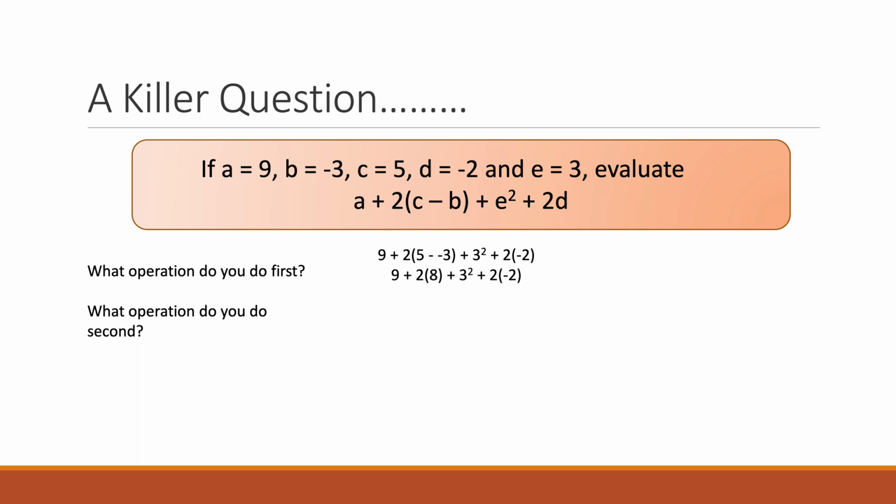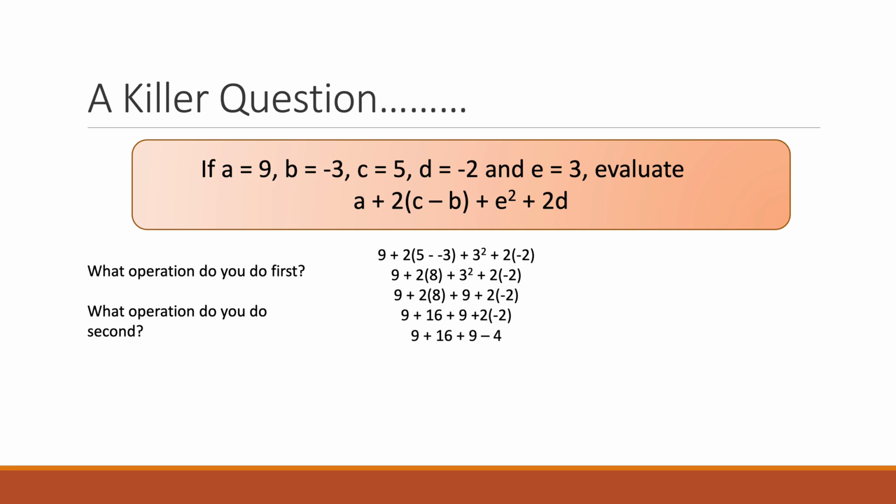But for those of us who want to take it step by step, first we do the parentheses. 5 minus -3 is 8. Then we do the exponent. 3 squared is 9. Then we do the multiplication that's more to the left, which is 16. Then we do the multiplication which is more to the right, just as before, it's -4.